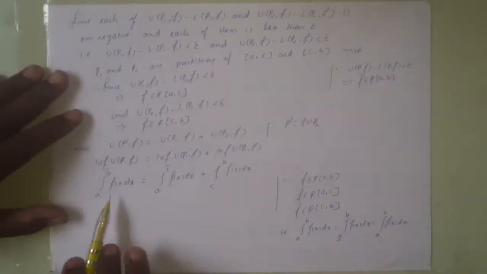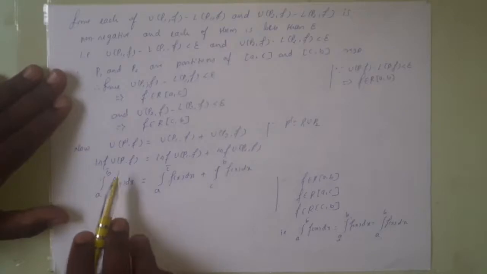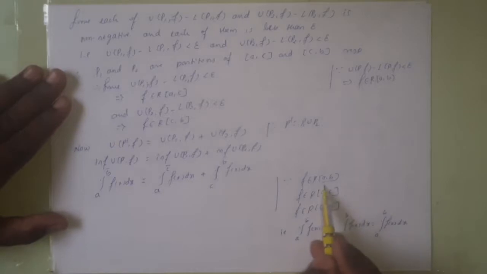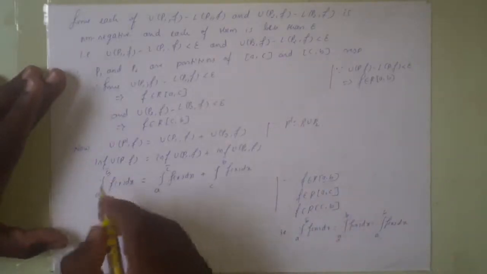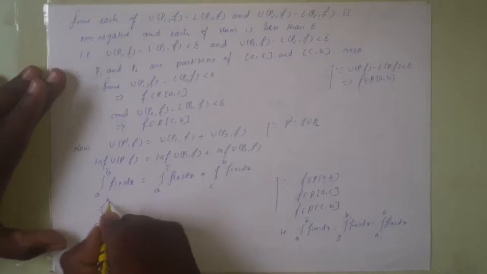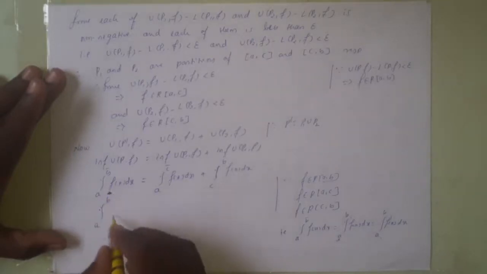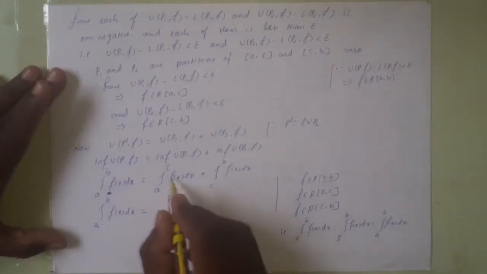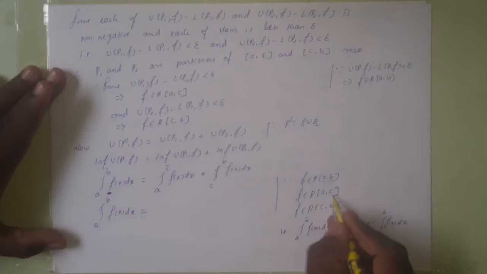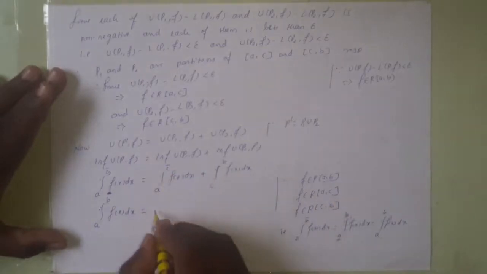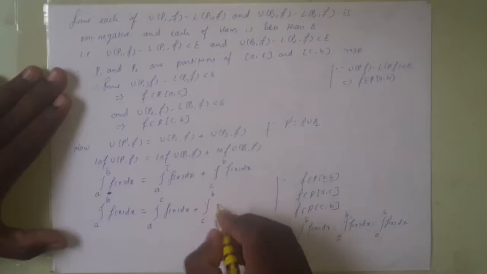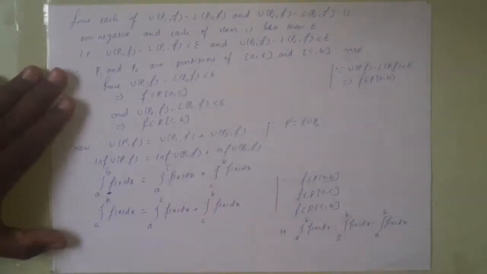So, therefore, here in the first one the function is defined on the closed interval AB. So, therefore, f is Riemann integrable on the closed interval AB, then we can replace this with the common value of the Riemann integral, that is integration over a to b f of x dx, and on the second term f is defined on the closed interval AC, hence we can replace that upper Riemann integral as integration over a to c f of x dx, and here integration over c to b f of x dx.